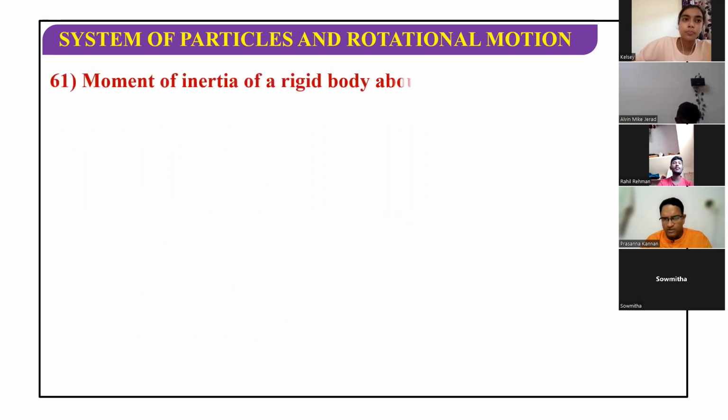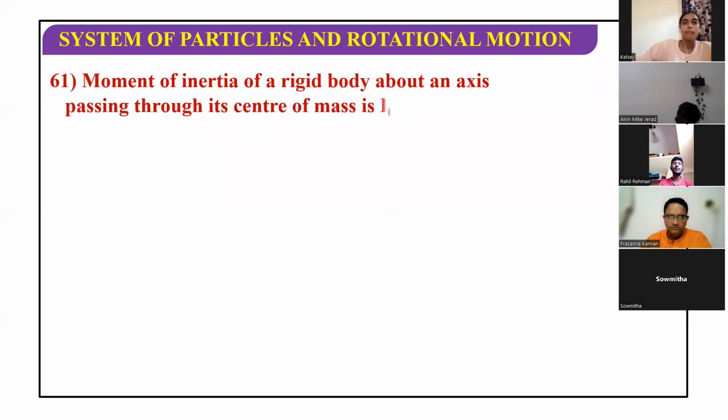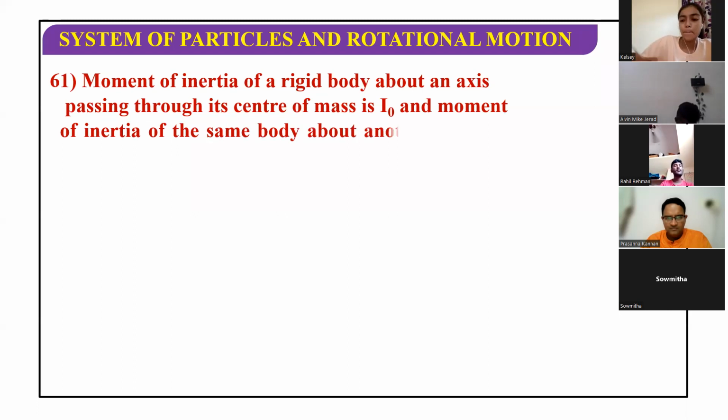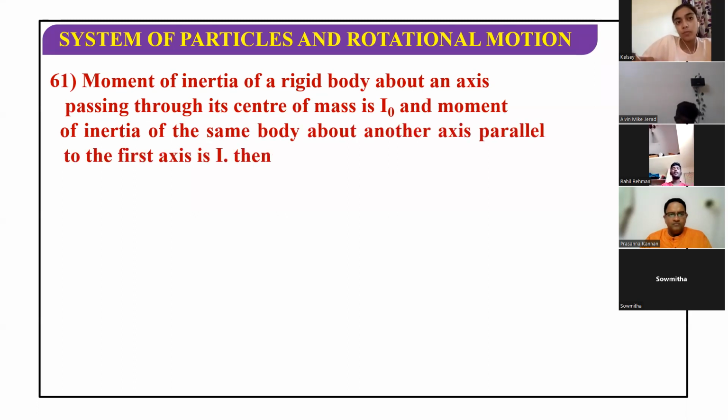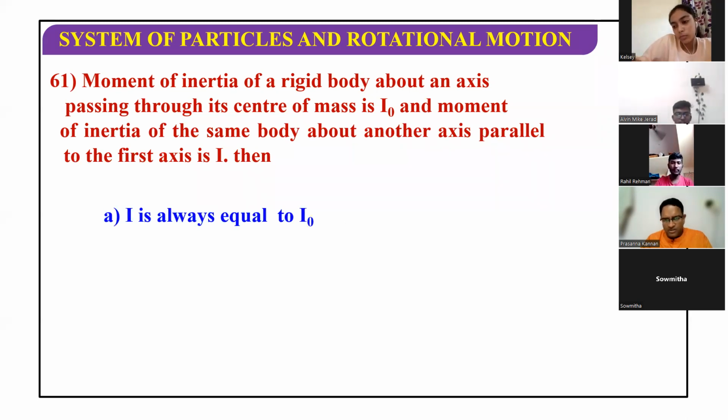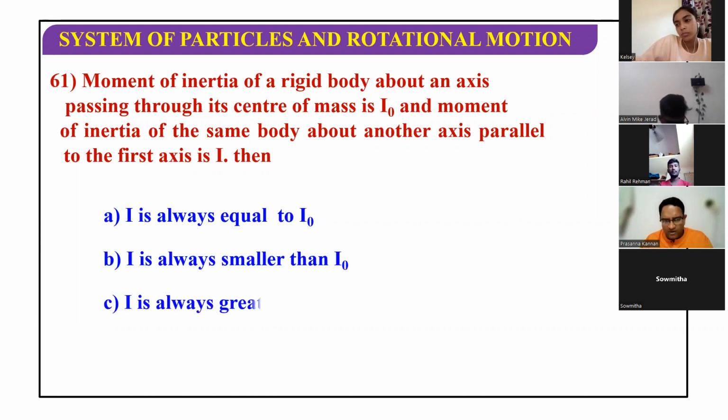Let's move on to the next question. Okay, we have learned the parallel axis theorem, right? So moment of inertia of a rigid body about an axis passing through its center of mass is I naught, and moment of inertia of the same body about another axis parallel to the first axis is I. Then what can you say about I and I naught?